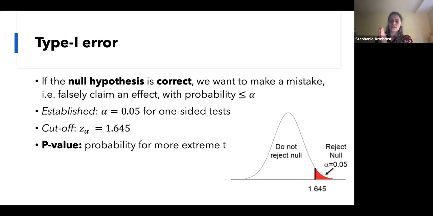And then there's this upper red tail, as you can see. We are interested in checking whether statins really do not have an effect, or whether they maybe have a positive effect. So is the delta maybe bigger than 0?